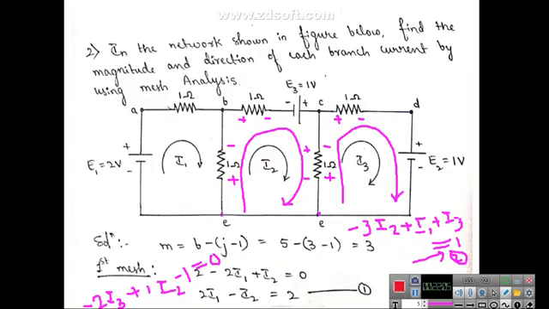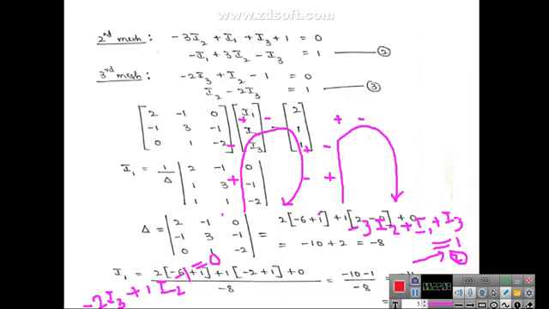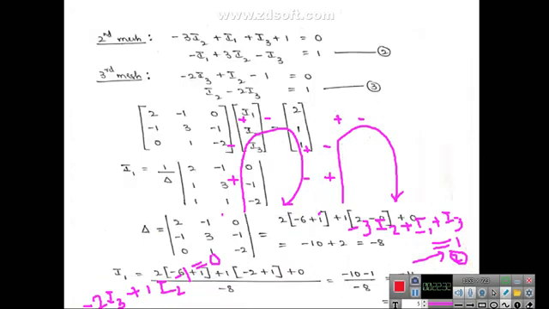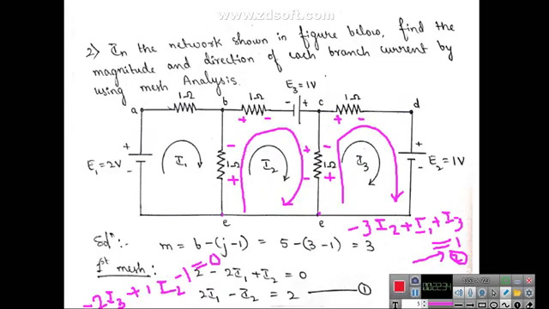Now if you rearrange this for I2, what you will get is I2 minus 3I3 equal to 1.